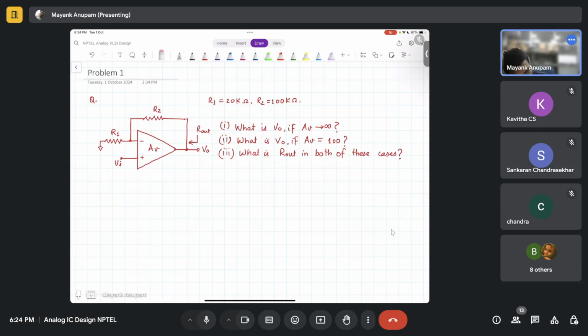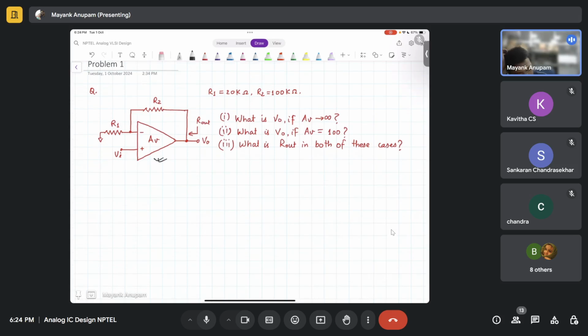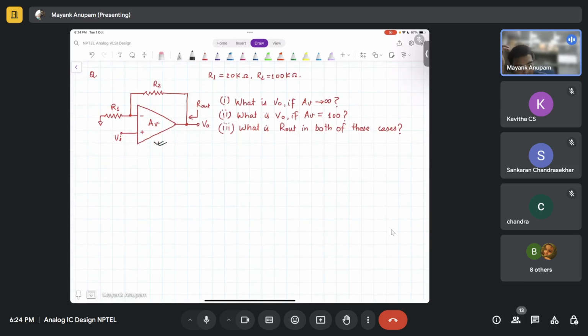When I denote a circuit like this, a simple triangular box, what does it mean? It means it is a voltage controlled voltage source.